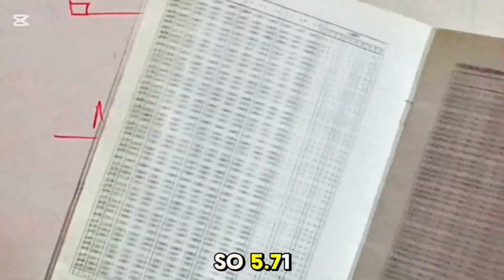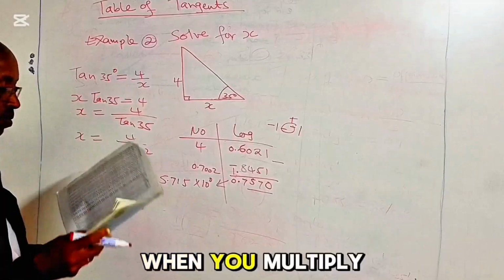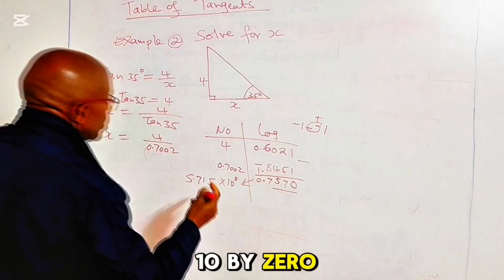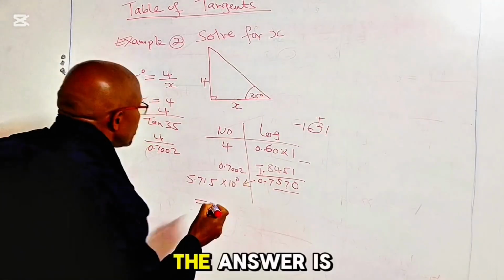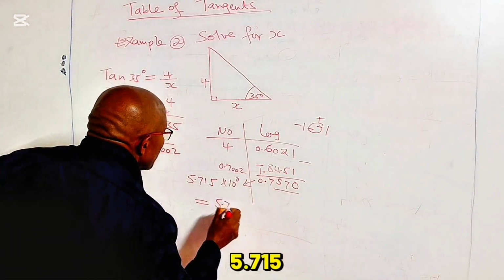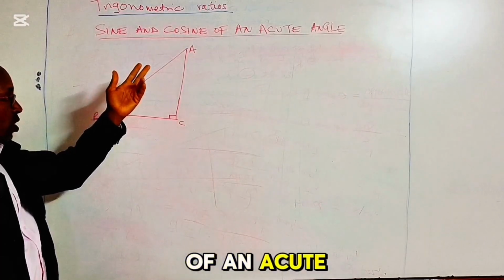So 5.715. When you multiply this by 10 to the power 0, which is 1, the answer is 5.715.